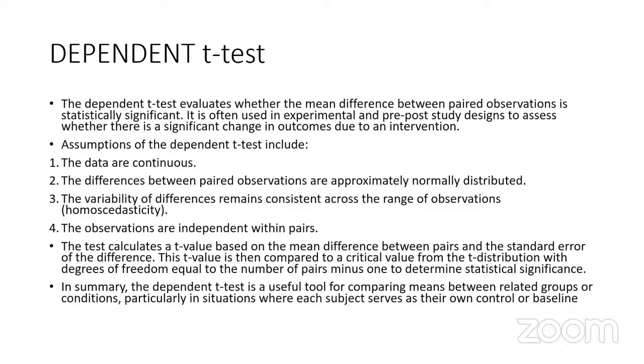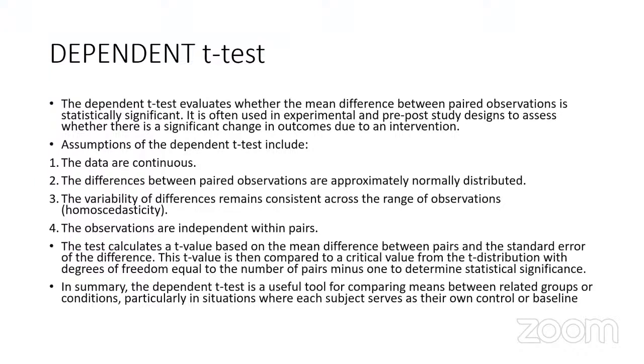But in case of the independent t-test, the groups are categorical and the dependent variable is metric in nature. So there lies the difference between the two tests.